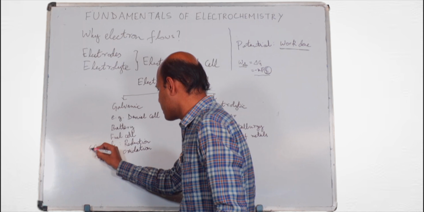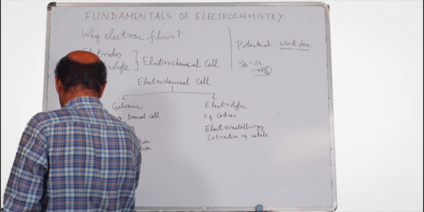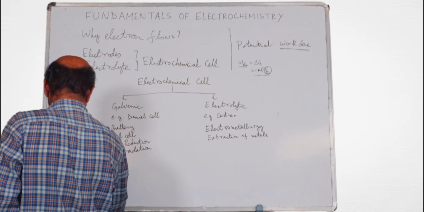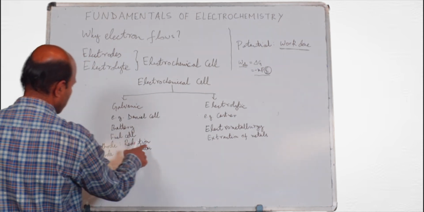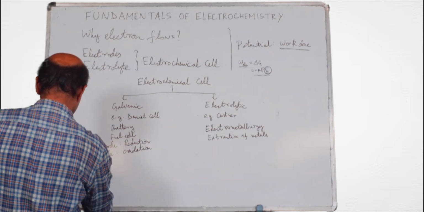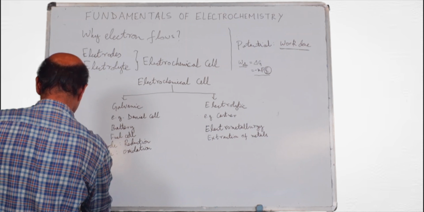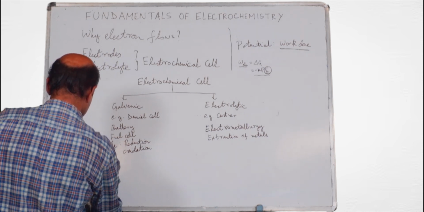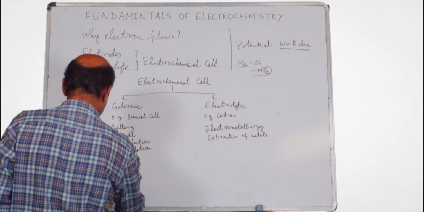So these are my electrodes in a galvanic cell. On the cathode we have reduction, on the anode we have oxidation, and we need an electrolyte also. This is simply an ionic conductor.